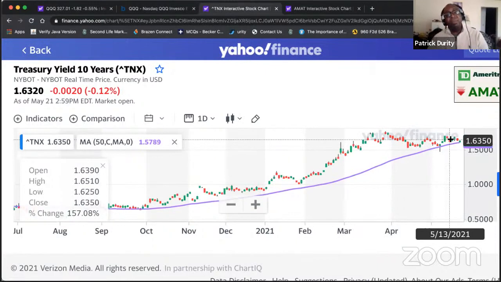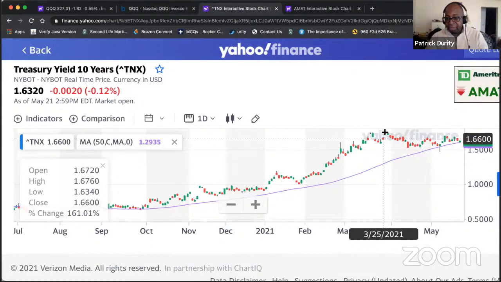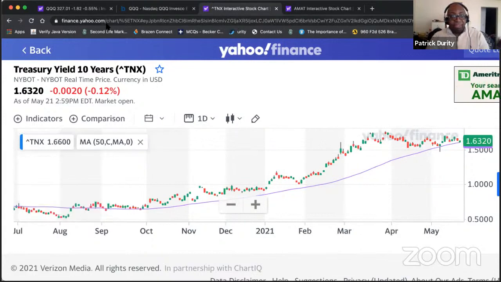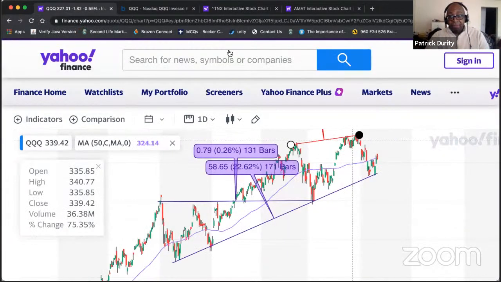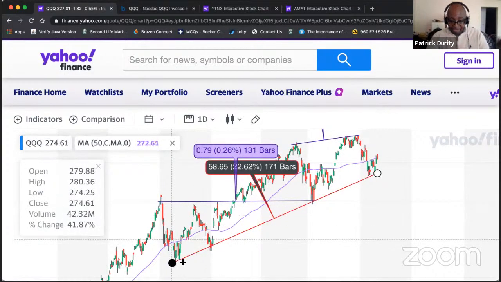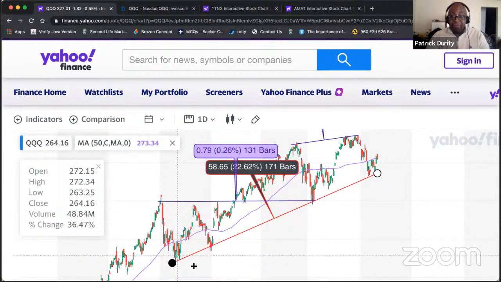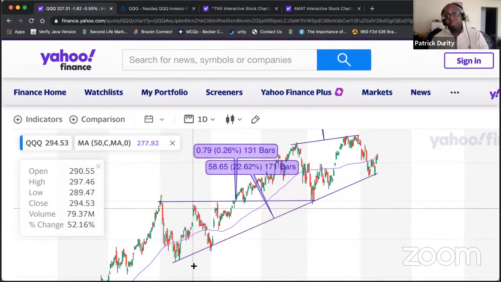So I think, to me, this is where the inflation fears start to begin, versus the excessive growth rate here, and the fact that the market has pretty much not violated this trend line that's been in effect since September. That tells me that the market still has a lot more room to grow.